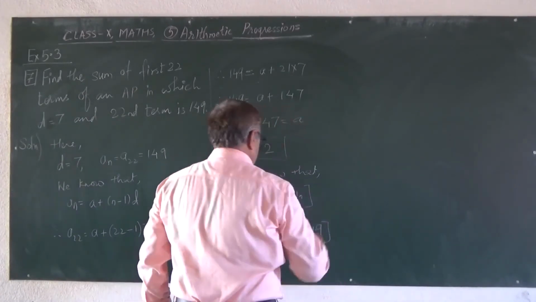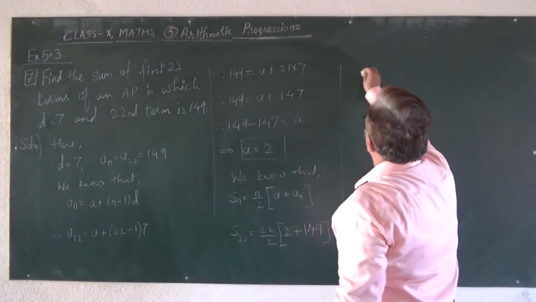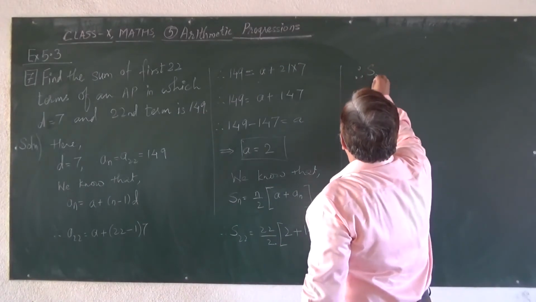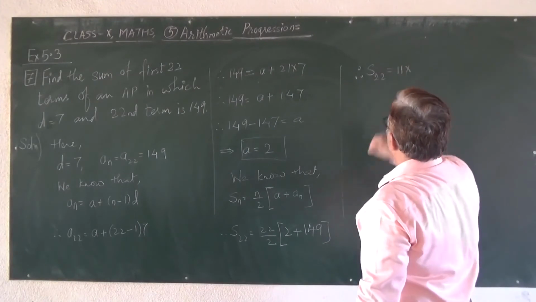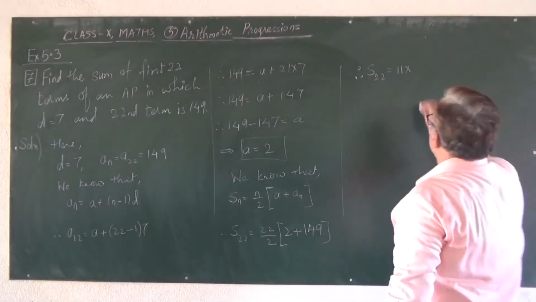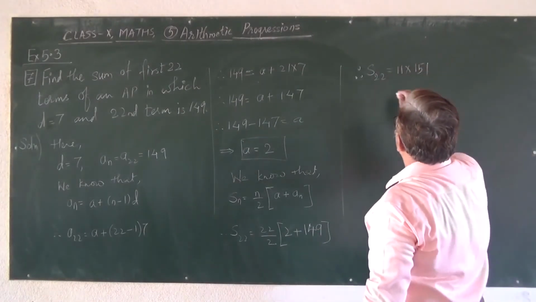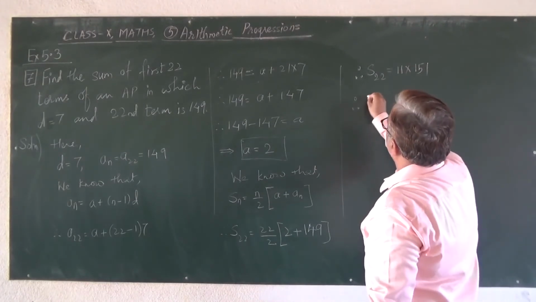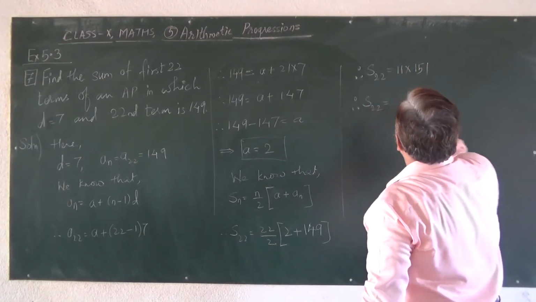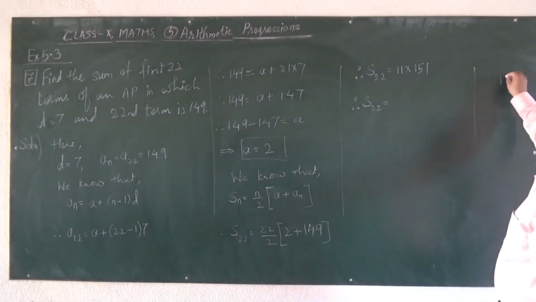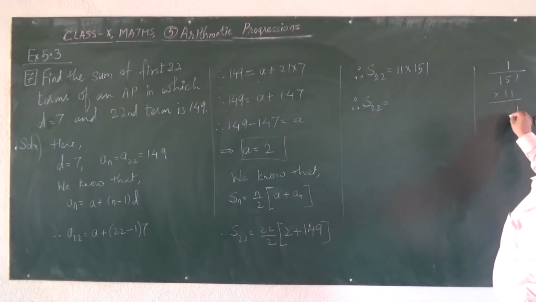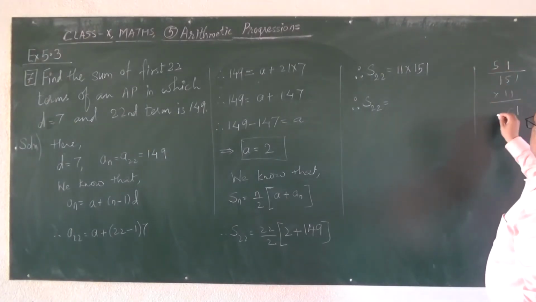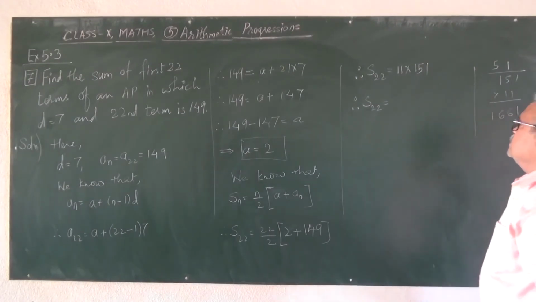Therefore, the sum of the first 22 terms is equal to 11 multiplied by 151. So do the rough work. 11 ones are 11, carry 1, 11 fives are 55 plus 1 is 56, 11 ones are 11 plus 5 is 16.